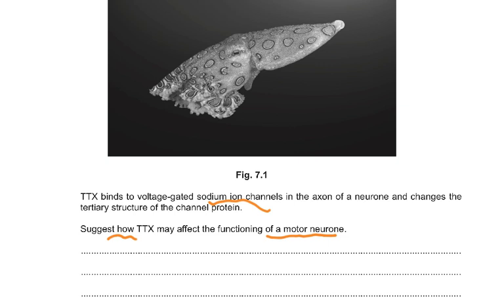So if calcium does not enter the presynaptic knob, vesicles will not be stimulated to move, so no acetylcholine will be released. Or we can say calcium always enters the presynaptic knob and the vesicles will always be stimulated, so acetylcholine will be continuously released. And this, of course, would result in paralysis, or it would result in continued muscle contraction.